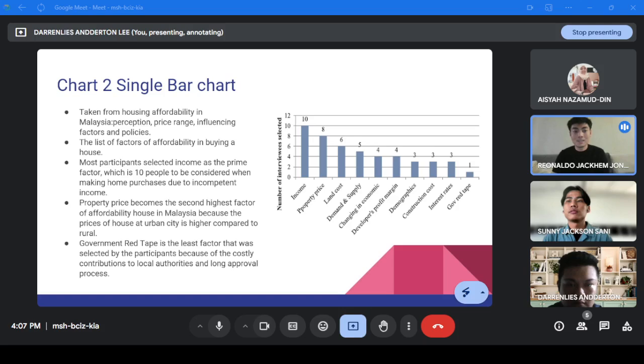Most participants selected income as the prime factor, 10 people, due to insufficient income. Property price is the second highest factor because house prices in urban cities are higher compared to rural areas. Government red tape is the least selected factor because of the costly contributions to local authorities and the long approval process.